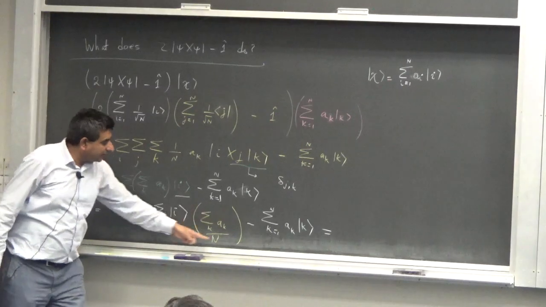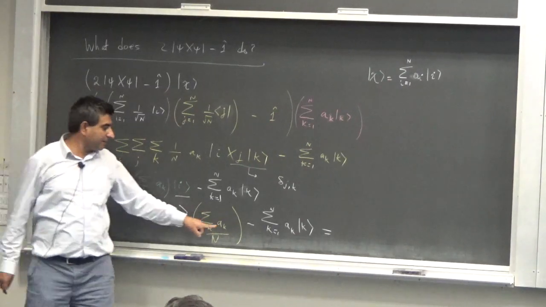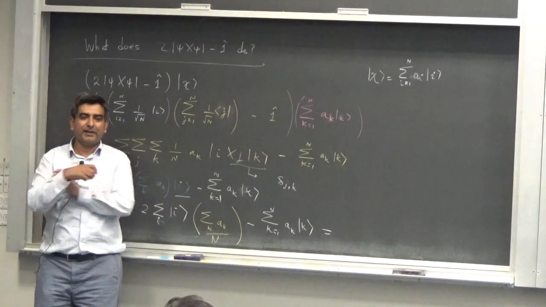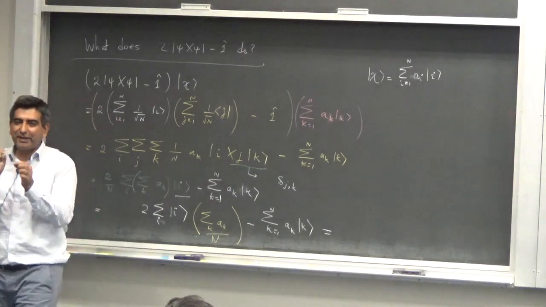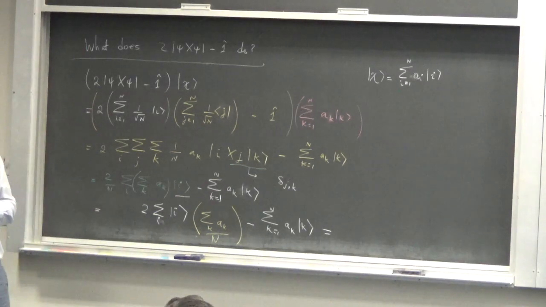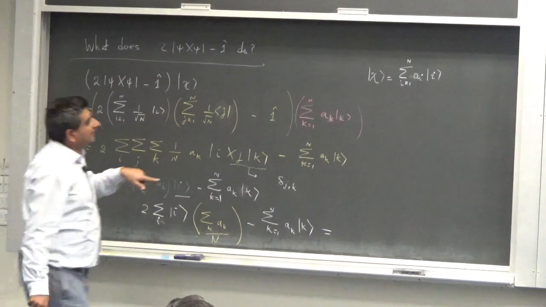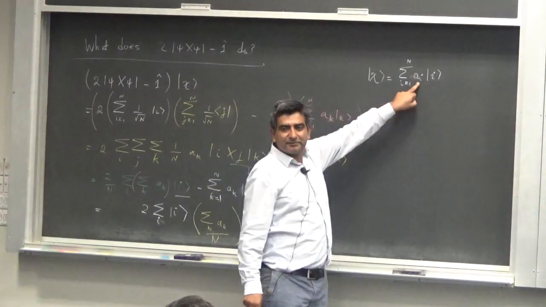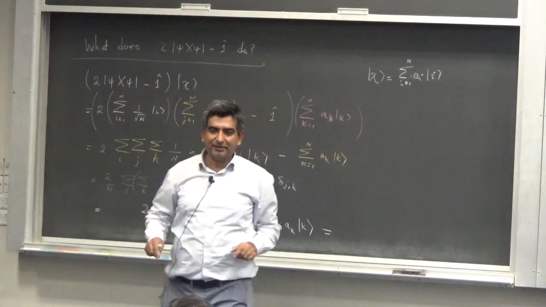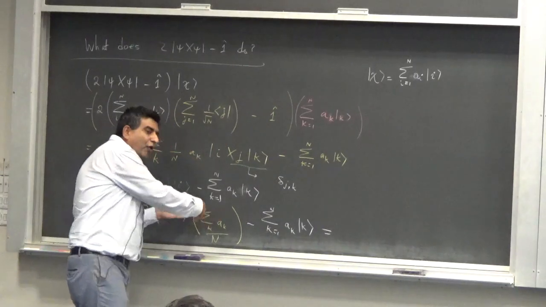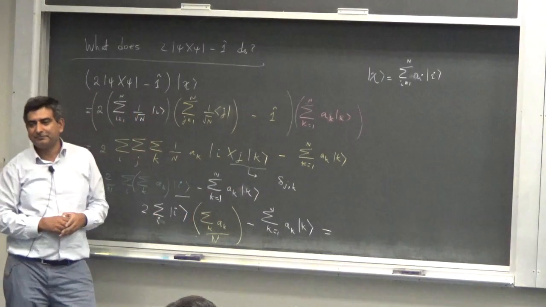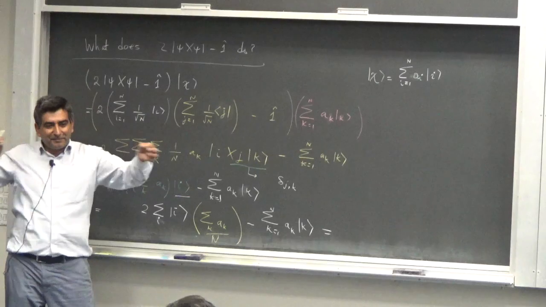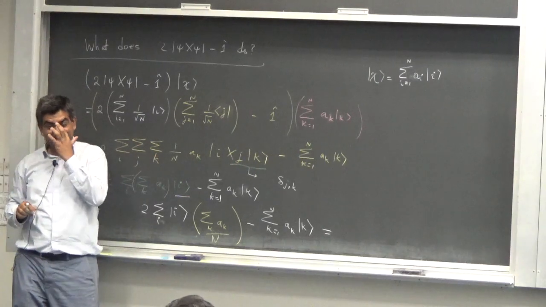So can you imagine what this thing is? This is a number, ak. It's a coefficient, it's a probability amplitude ak of a particular state. This state here is any arbitrary input state, and this is the sum of all those probability amplitudes. And then you divide by the number of states.